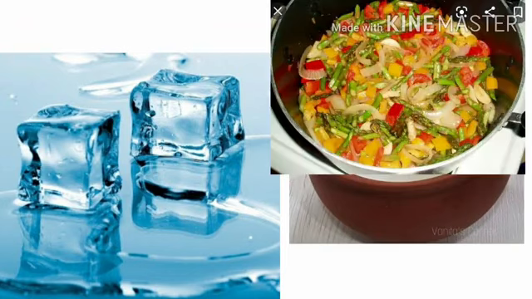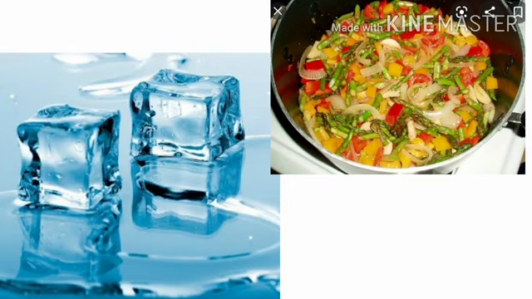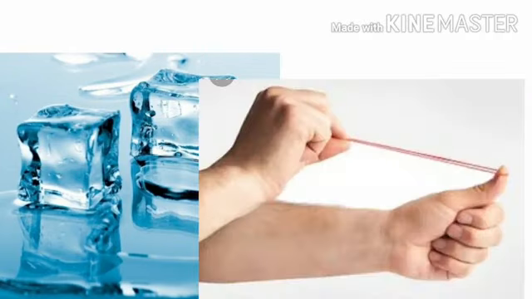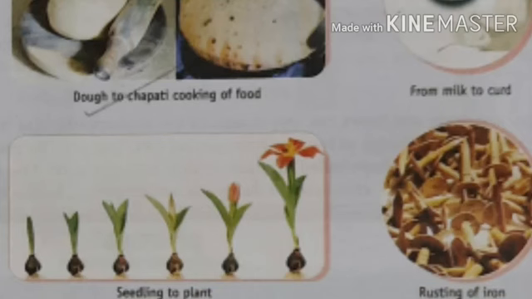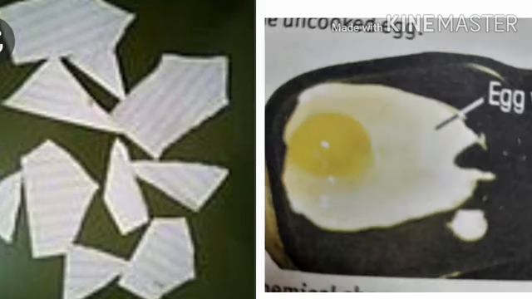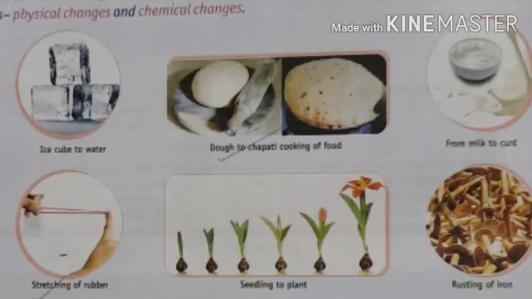Similarly, sweetening of curd from milk. Changes we can see: cooking of food. We can also see changes when we stretch a rubber band, growth of a plant, photosynthesis, rusting of iron, tearing of paper, omelette prepared from an egg, souring of milk, etc. These are all changes occurring around us daily.